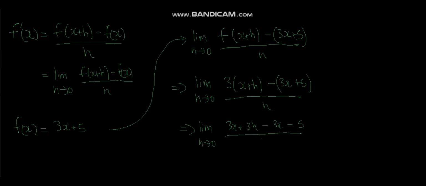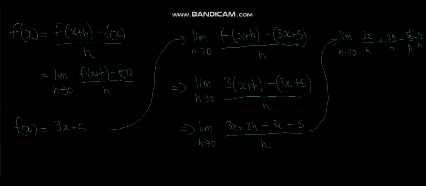Now taking the working up here again, you have the limit as h approaches 0 of 3x all over h plus 3h all over h minus 3x all over h minus 5 all over h.